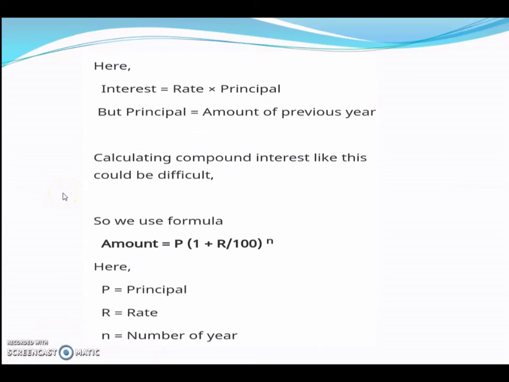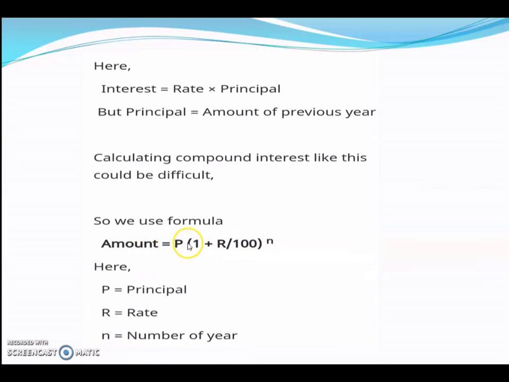It will be difficult for you to calculate the compound interest or the amount at the end of a particular year using the step-by-step method. If the number of years is more, then you have to keep on doing it for that many years. So for that, we have a formula. Now here the formula is for the amount.